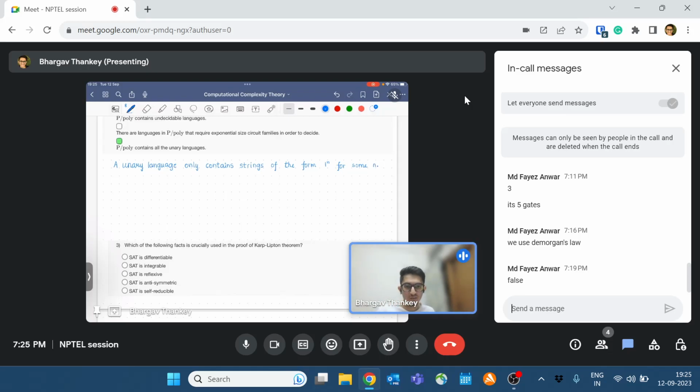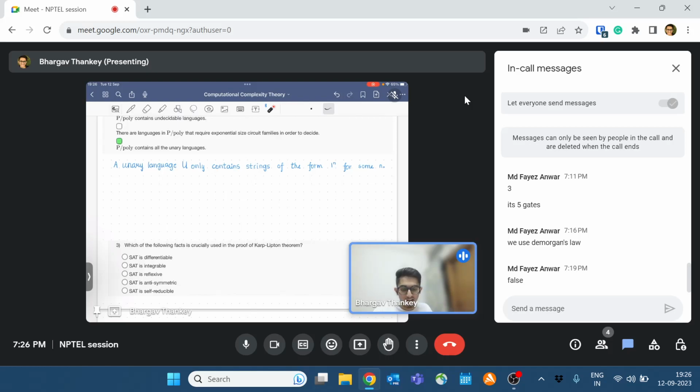And now what we want to do is construct a circuit family that decides this language. Now observe that for any n there is at most one string of length n which can be in, let me call this language U. So for any n there can be at most one string of length n which is contained in U, and that string is 1 to the n, right?